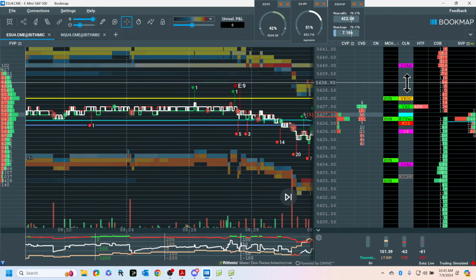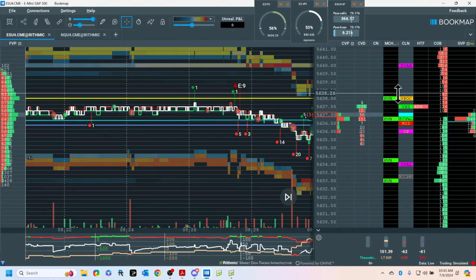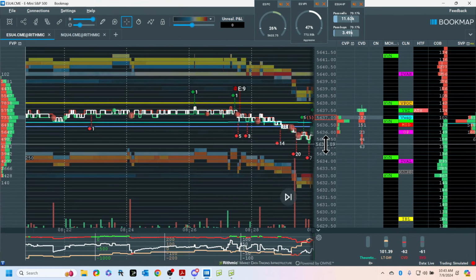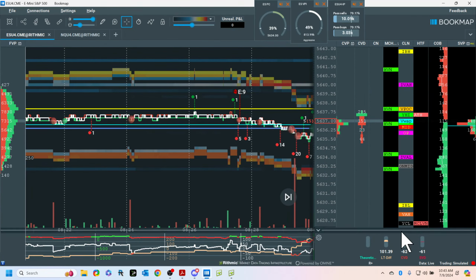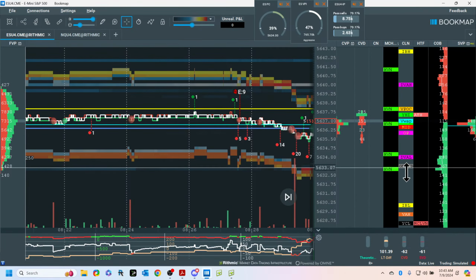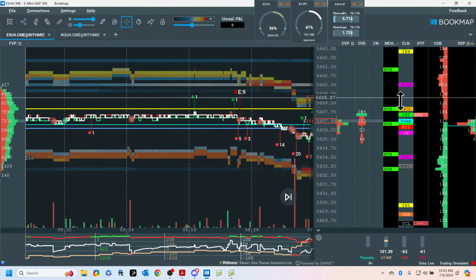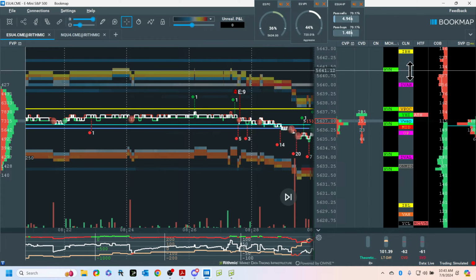The overnight high is pretty much the closest statistic we have above us, and then below us, the overnight mid and the value area high. So for me, this is going to be my sandbox for today, and I'm going to be trying to trade it from both sides, outside in. So that was my plan for today.